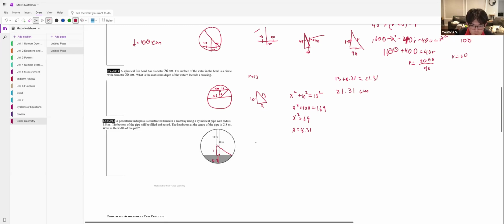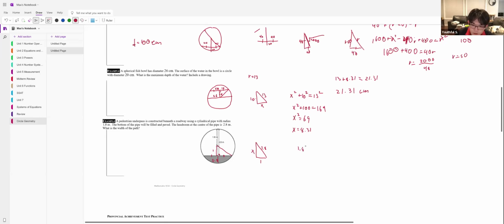So then we have a right triangle, right? We have the hypotenuse, which is the radius of 1.8 meters. We have one of the bases, which is 1 meter, and we're trying to solve for the width of the path, or half of the width of the path. So we'll label that as x, all right?